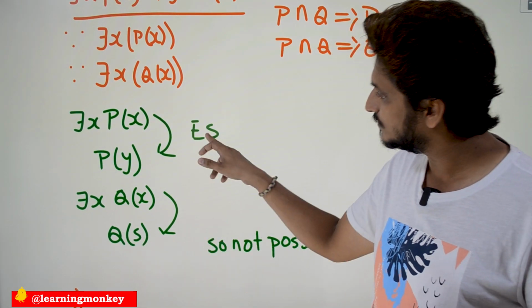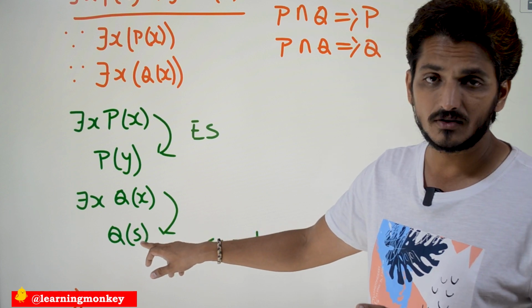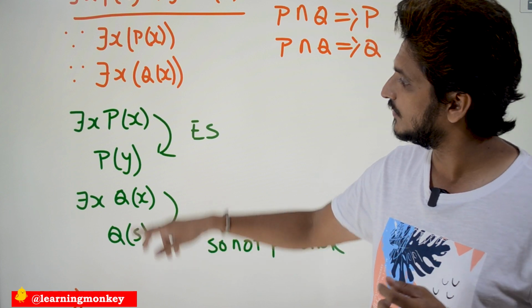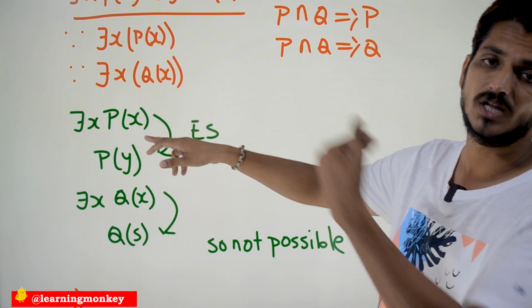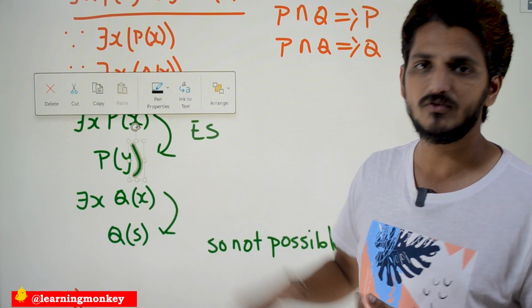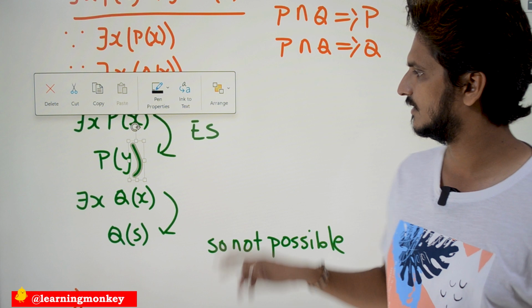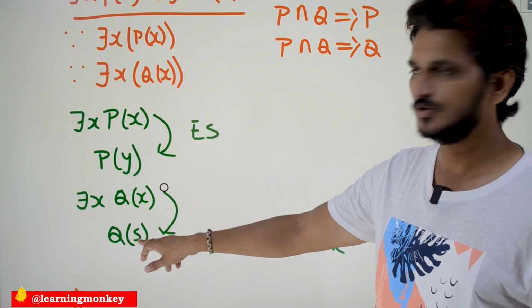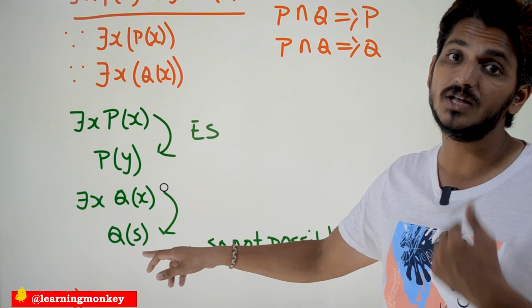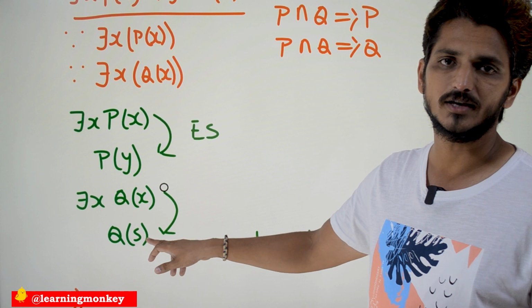Because existential specification has a condition: if you want to write y here, that y variable should not be free in any of the premises or previously derived lines. Here y is already a free variable, so you cannot use the same variable. That's why we change the variable name and write q of s instead of y.